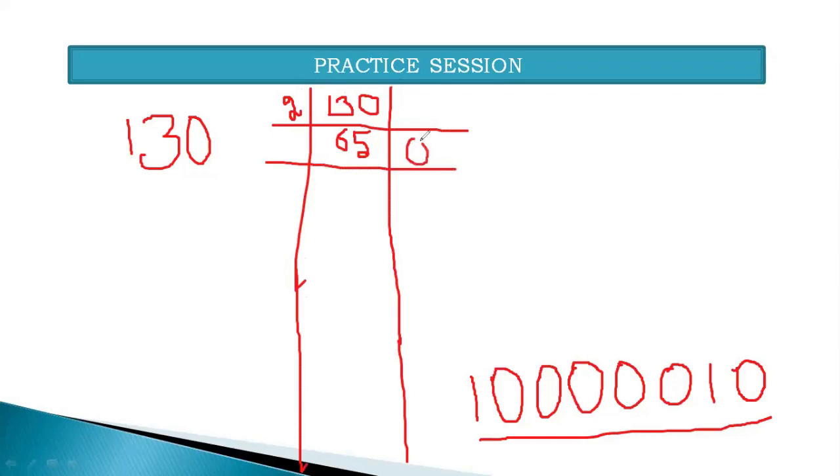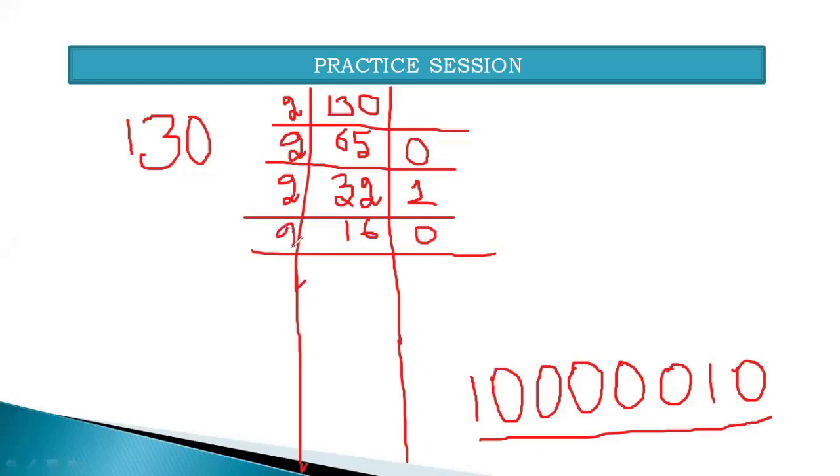The remainder is 0. Again, 2 3s are 6, 2 2s are 4, 2 32s are 64, and the remainder will be 1. Same way, we can directly say 16 to the 32, and the remainder will be 0.